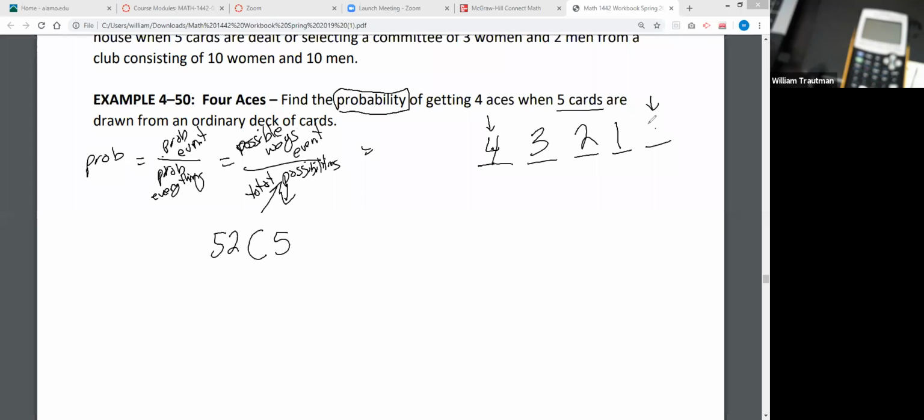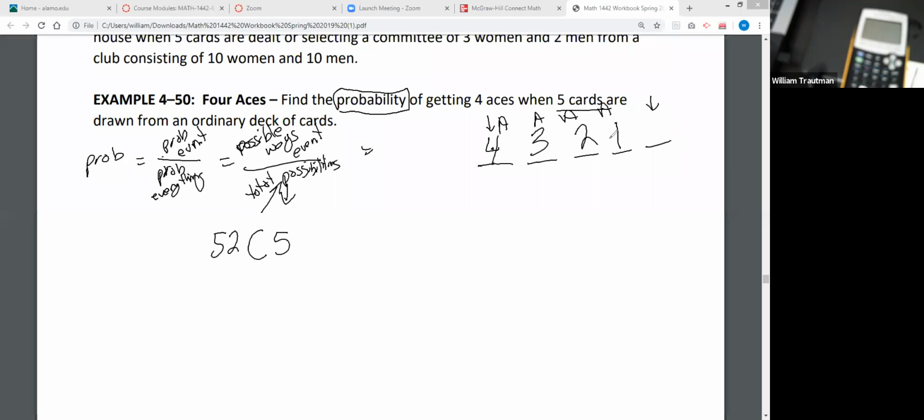No, because if it's 0, it multiplies to 0. Something has to go in this spot. I already have 4 aces. Does it matter if I have a 2 in here or a 7 or a jack or a queen? It doesn't matter what card I have in there, I still have 4 aces.